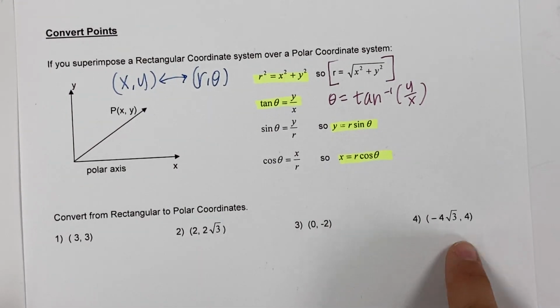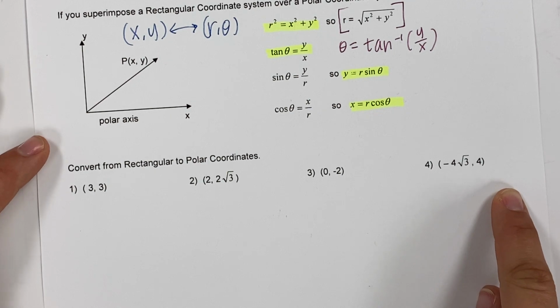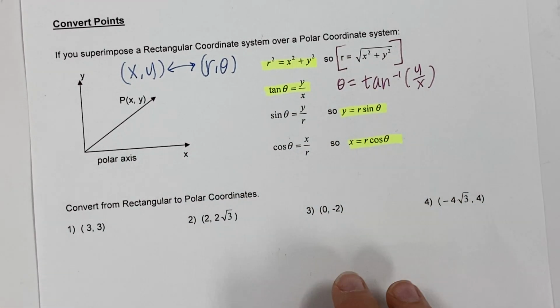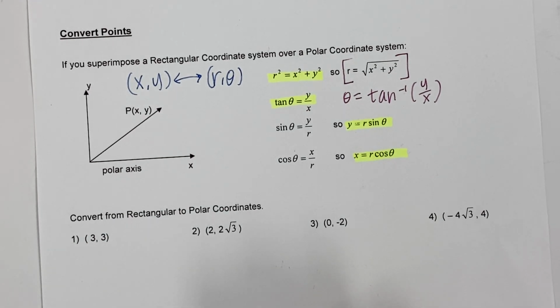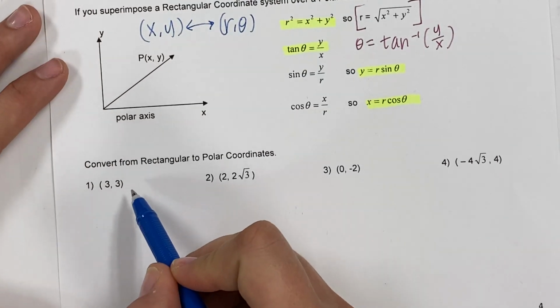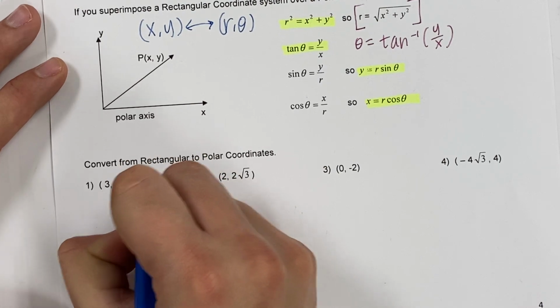Okay, so first let's look at, I'm gonna give you the rectangular points and we're gonna convert into polar. So I gave you x and y, you're gonna give me r and theta. The first thing you're gonna wanna pay attention to is what quadrant it is in, because that's how we can check our answer. So if I was gonna plot right 3, up 3, that's quadrant 1.